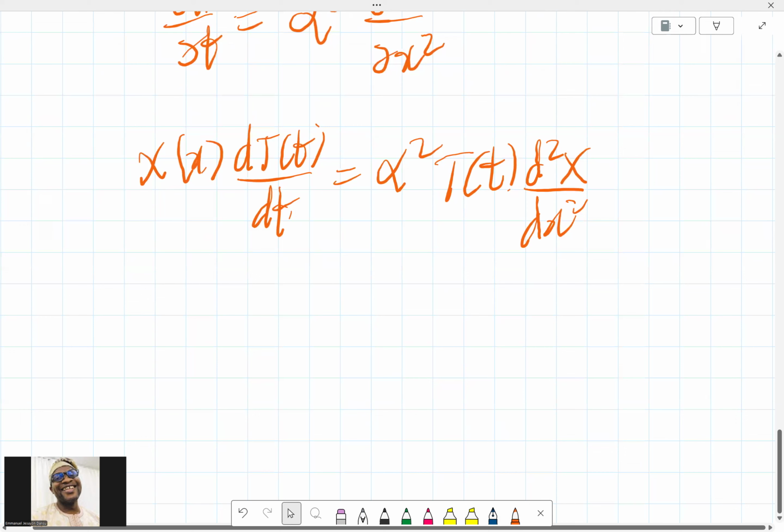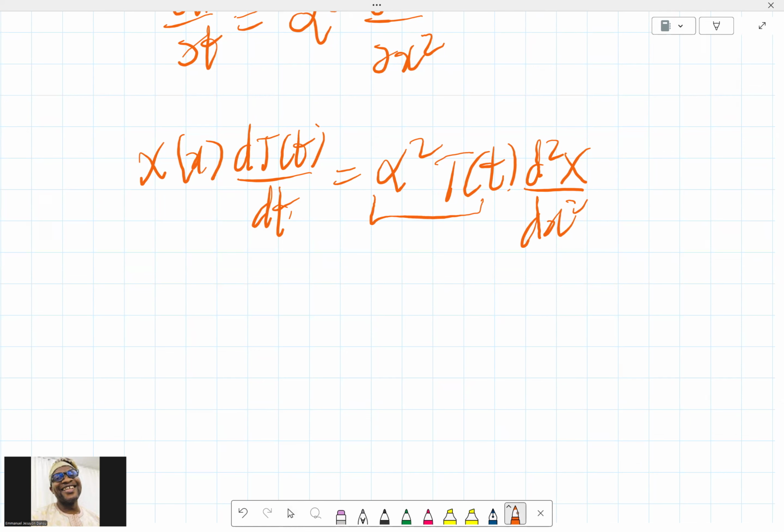From our knowledge of differential equations already, we can do separation of variables. So we collect like terms together. Let's see how this goes.